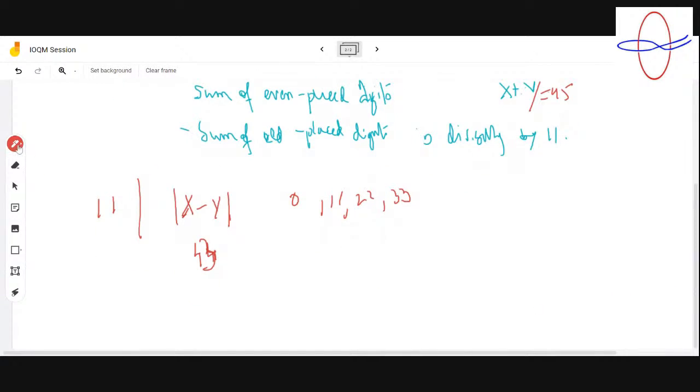When is the modulus of x minus y equal to 11, and when is it not 11? Let's try to understand this case. So observe that twice x is equal to 45. Why twice x, Anand?